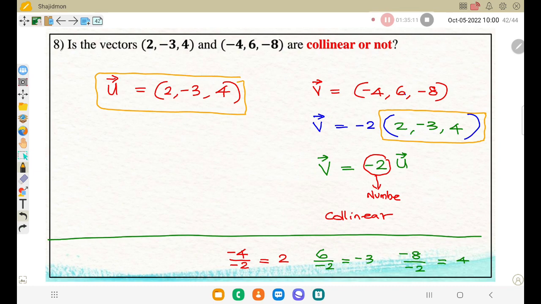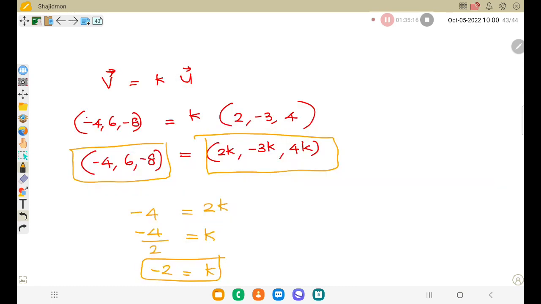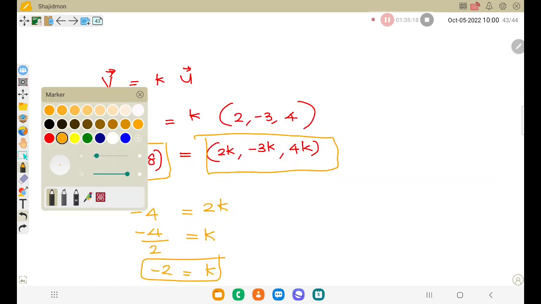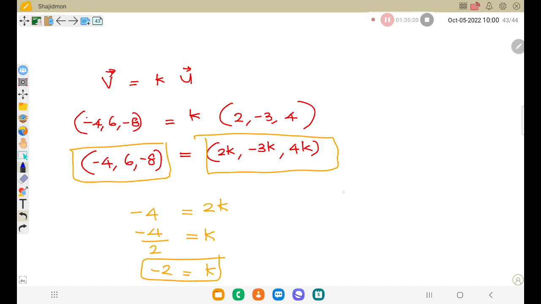Okay, minus 2. Then here also check all the components; you need to check whether the k number is the same or different. Okay, 6 equal to minus 3k. Divide both sides by minus 3. Here also you get k equal to minus 2. Third one, minus 8 equal to 4k. Here also you will get k equal to minus 2. See, all should be the same, not different.